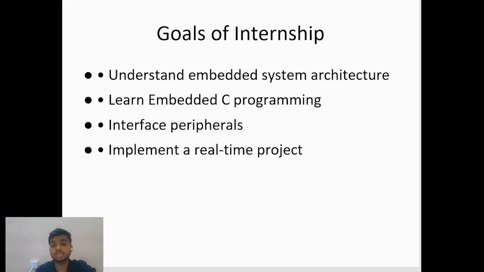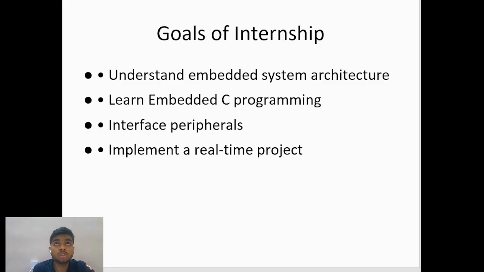Goals of internship. The primary goal of the internship was not just theoretical learning, but practical implementation. We aim to understand how embedded systems are designed and programmed. Another important goal was to learn embedded C programming and apply it to control hardware components.